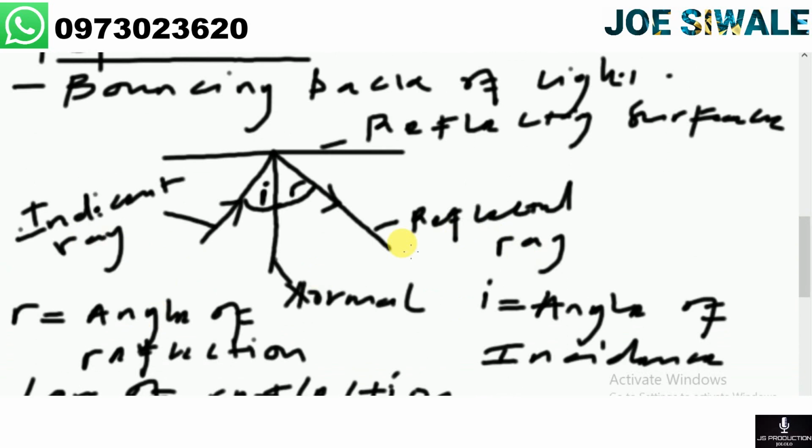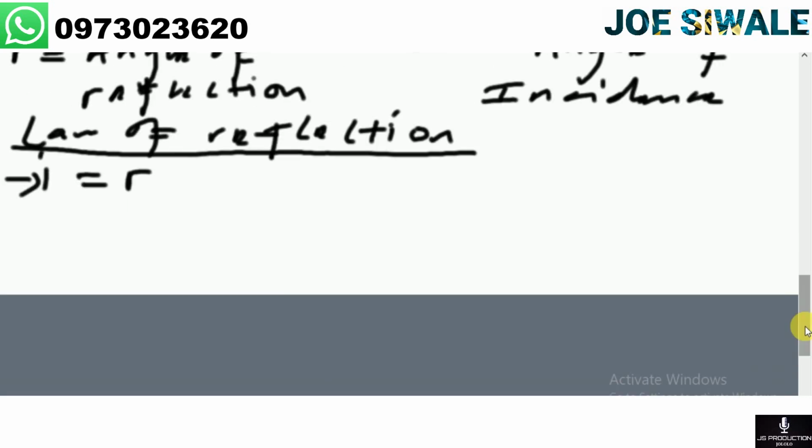We can say they are on the bottom part. So these always lie in the same plane. Sometimes you can draw them upwards, downwards, to the right side, to the left side. But you must know that the incident ray, the normal, and the refracted ray all lie in the same plane.